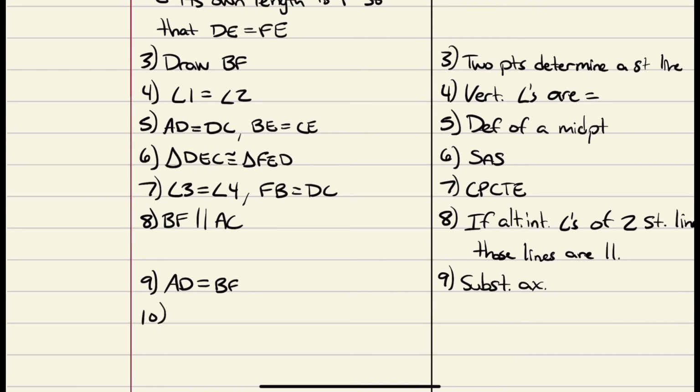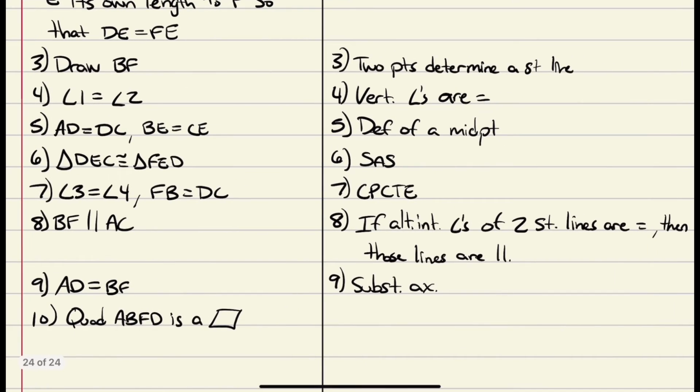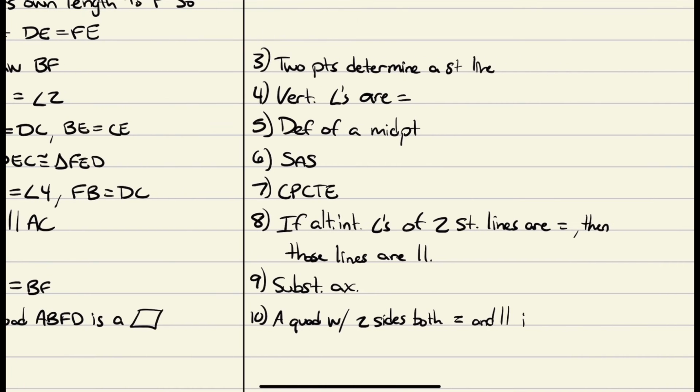Step number 10. We're going to say now that quadrilateral ABFD is a parallelogram. And we can state that because a quadrilateral with two sides both equal and parallel is a parallelogram.